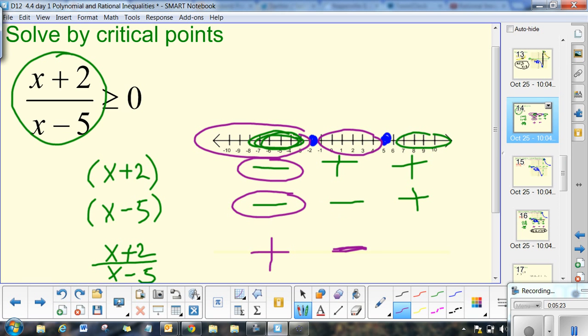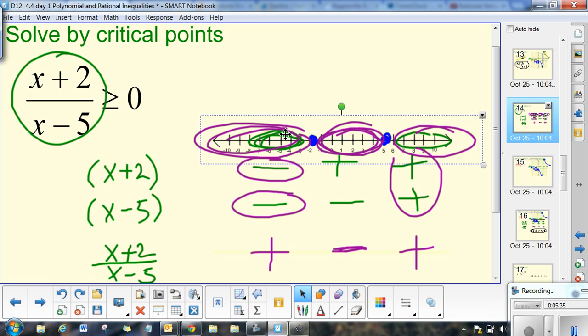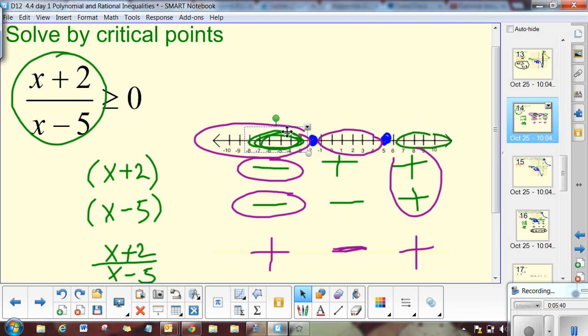A positive divided by a positive, that's what we're doing right here, is a positive. So we're saying in this zone it's going to be positive, in this zone it's going to be negative, and in this zone it's going to be positive. Okay, and then we can just get rid of some of this other stuff.